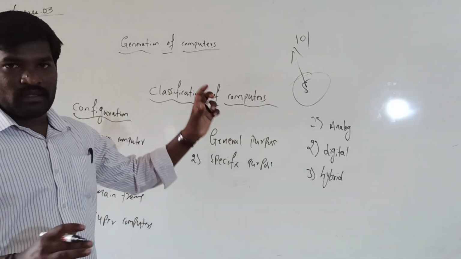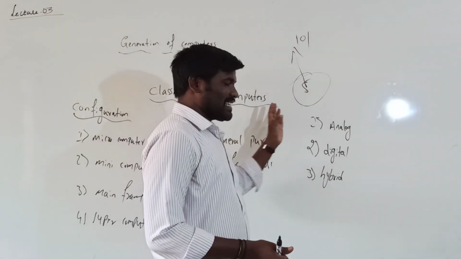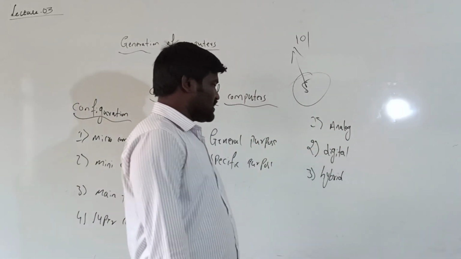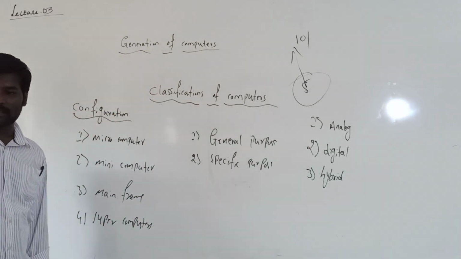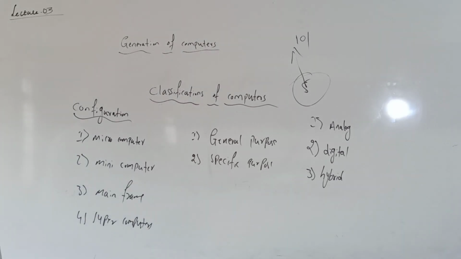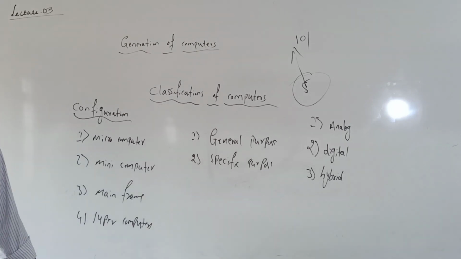If you consider only the classification of computers, there are two types: first one is general purpose, another one is specific purpose. Again, based on the operation, there are three types: analog computers, digital computers and hybrid computers. Based on the configuration of the system, the computers are classified into four types: microcomputers, minicomputers, mainframe computers and supercomputers.